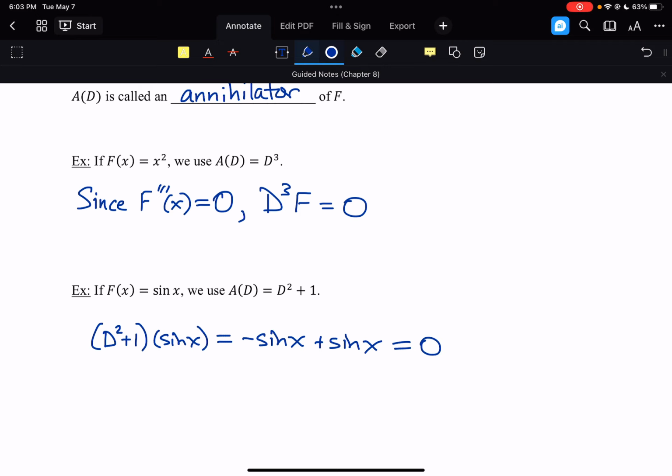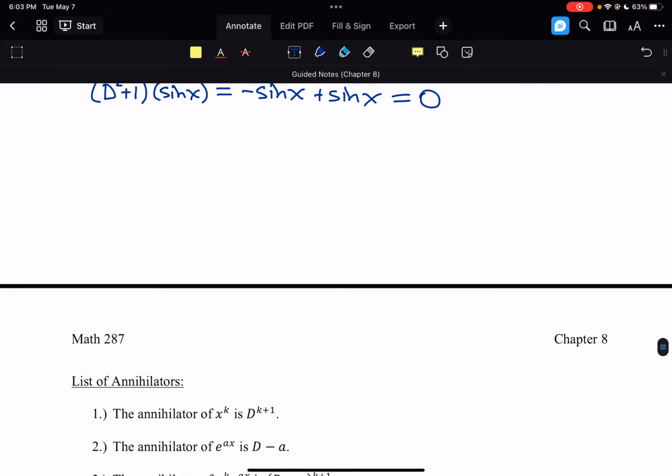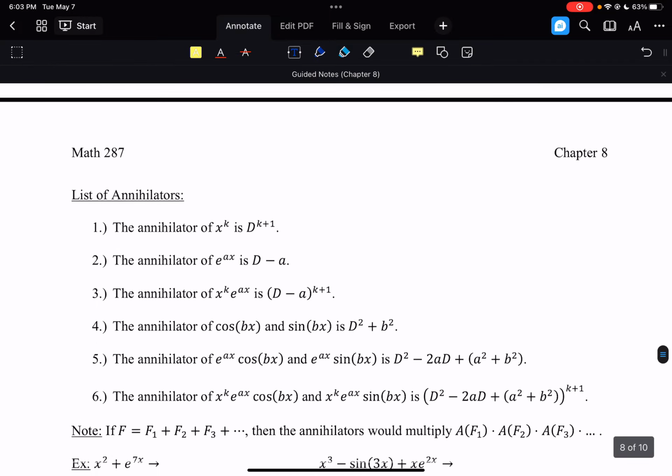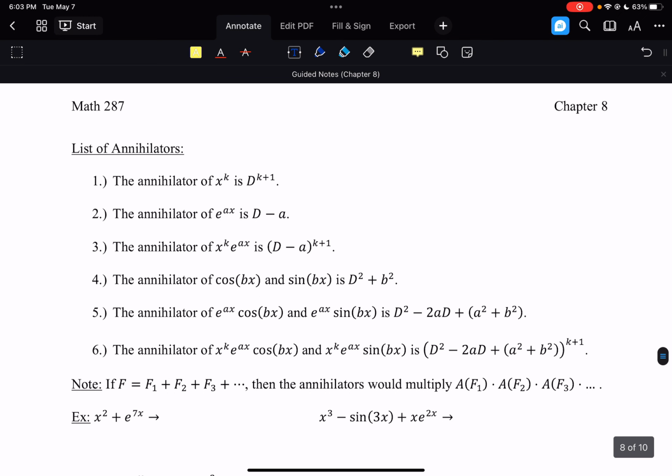Now, we have annihilators for a bunch of different types of functions. We're going to take a look at the list at the top of the next page. These are all the annihilators and properties that we're going to be working with here. The annihilator of an x to the k function is D to the k plus 1. Basically, whatever that highest power is, we take the derivative that power plus 1 times, and that'll turn it into a 0.